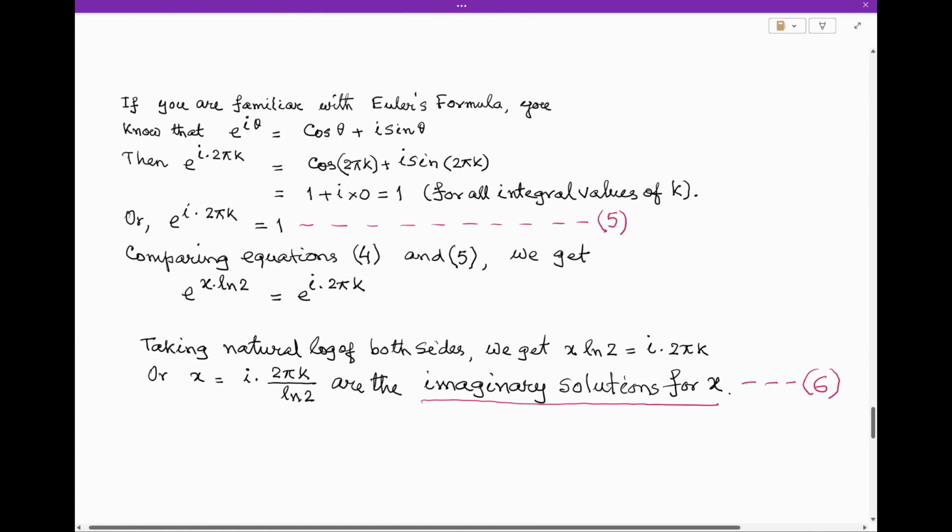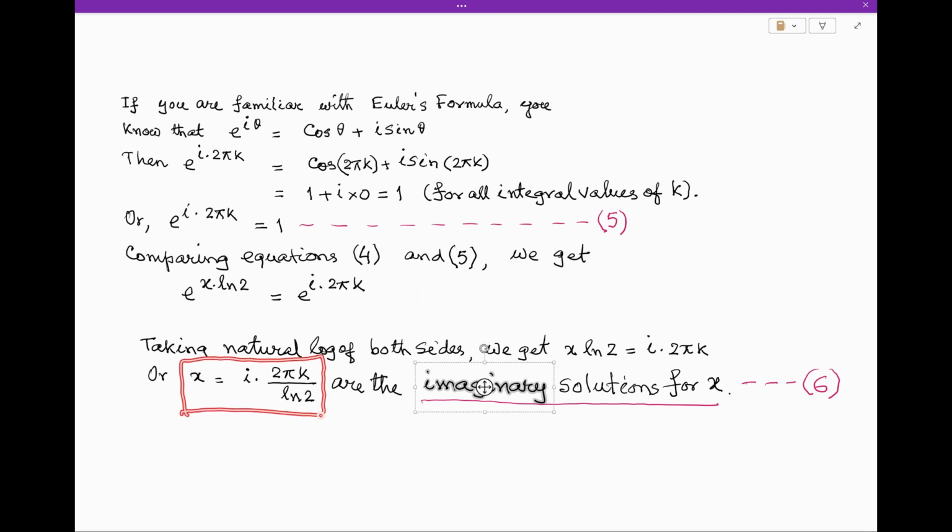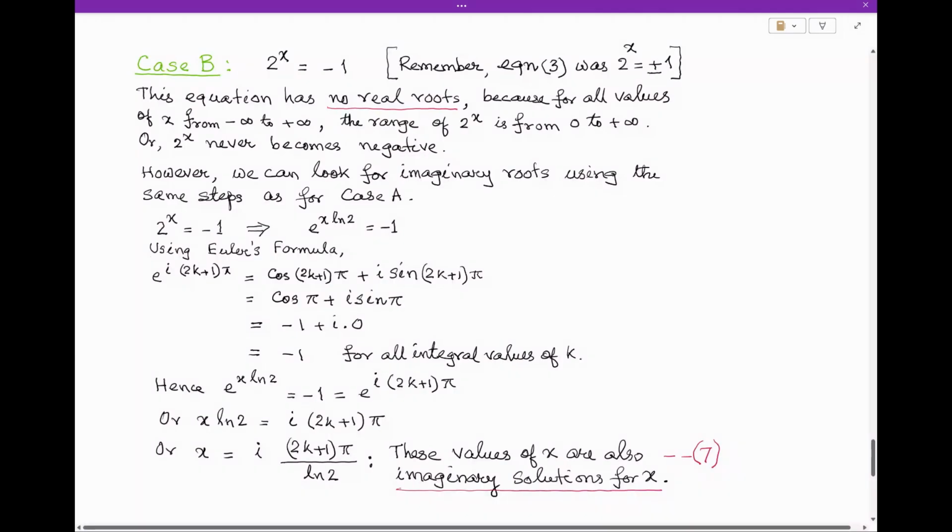Note here that x is equal to i 2 pi k divided by natural log of 2 will give us many solutions, and each solution will be for one integral value of k. Now consider case B, that is 2 to the power of x is equal to minus 1.